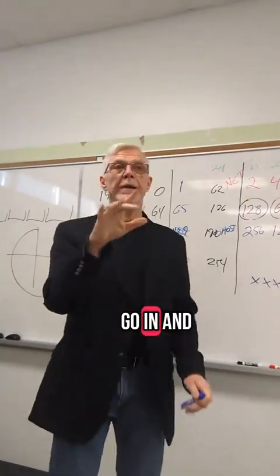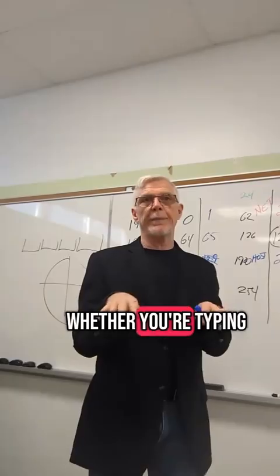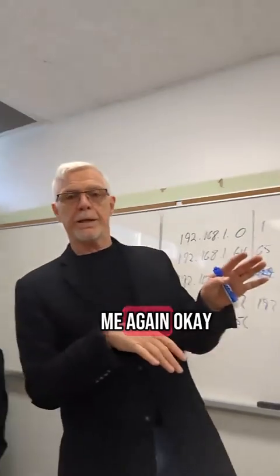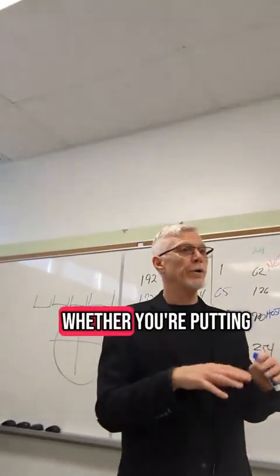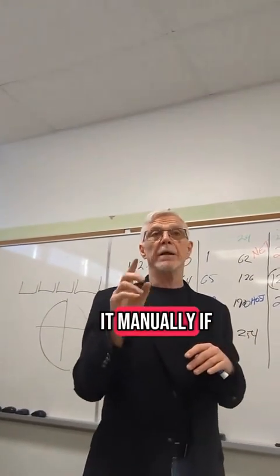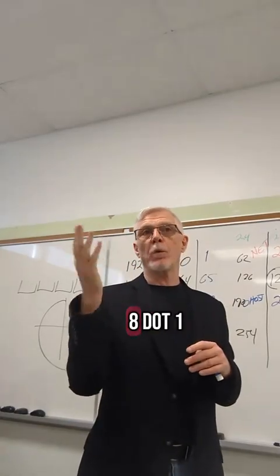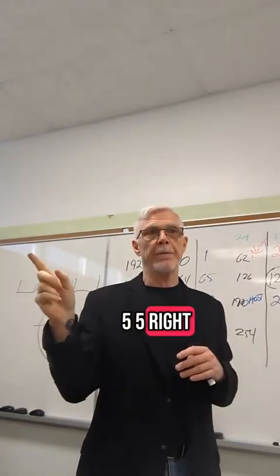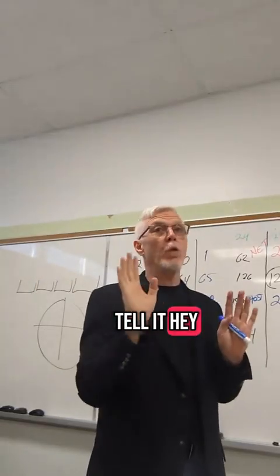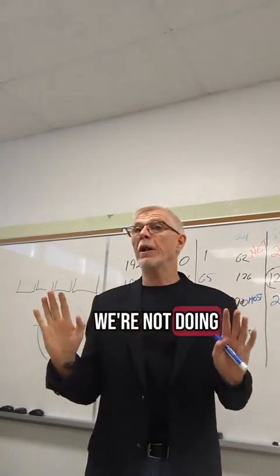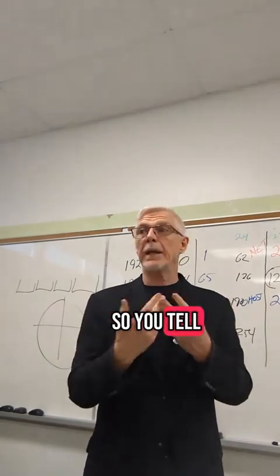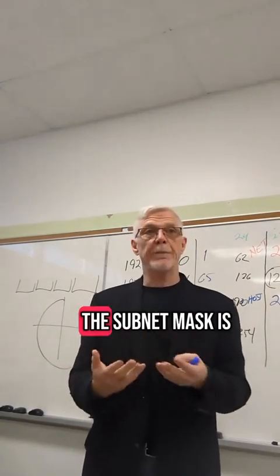Whether you're typing it in with CLI or putting it in manually, if you put 192.168.1.0 into the router, it goes 255.255.255. You have to tell it, hey, whoa, we're not doing classful, we're doing classless, and we're using CIDR numbers, so you tell it manually what the subnet mask is.